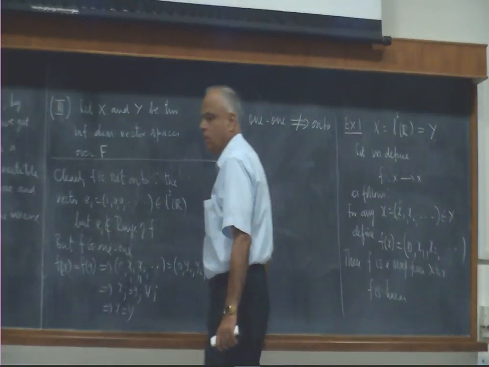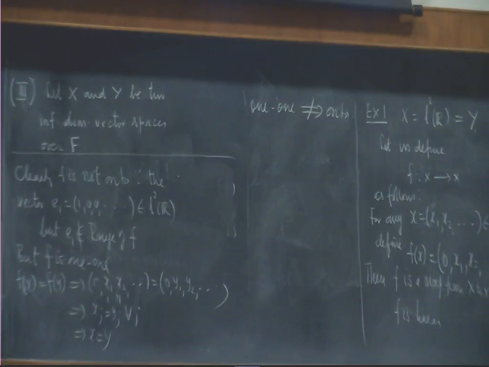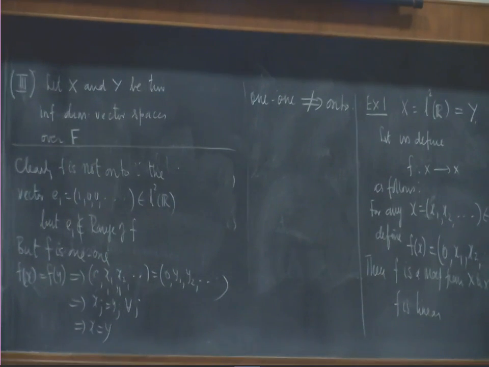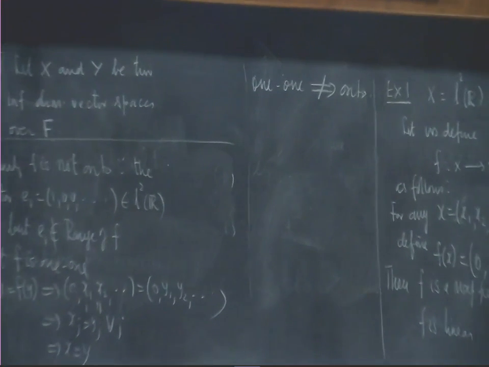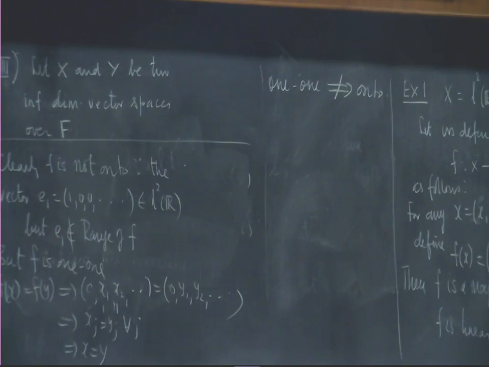In general, it is very rare to get 1-1 implying onto in vector space mappings. That happens only when the two dimensions are the same and they are finite dimensional. In infinite dimensional, it does not work. It works only in finite dimensional, and that too when both have the same dimension.